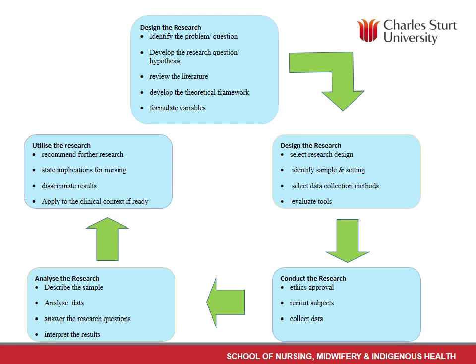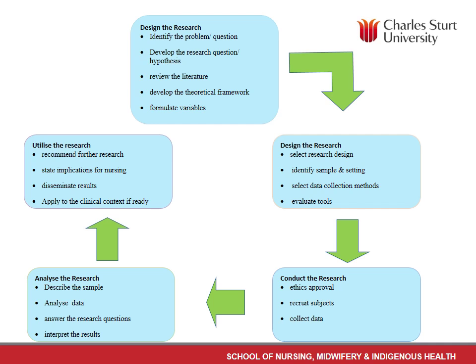Then you need to design the research by selecting your actual research design, identifying the setting you'll do your research in and the sample, the people that you will be taking that from. You'll need to select data collection methods that support what you need to find out, and you need to make sure that any of the tools you're using, if they be questionnaires in particular, are evaluated for reliability and validity.